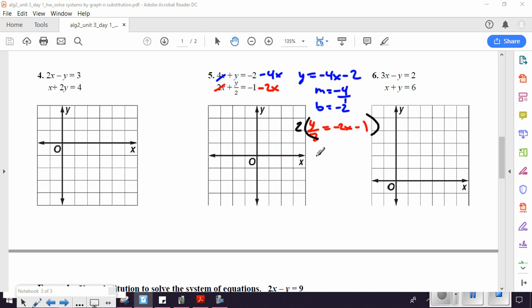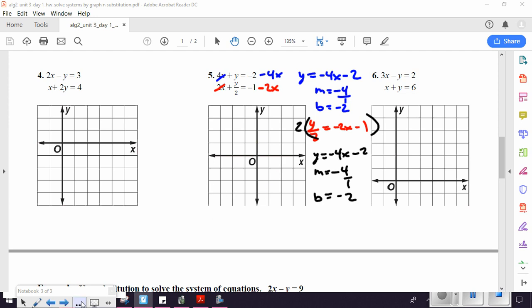So you would get y is equal to negative 4x minus 2. So that means m is negative 4 over 1 and b is negative 2. You should recognize that those are the exact same line.